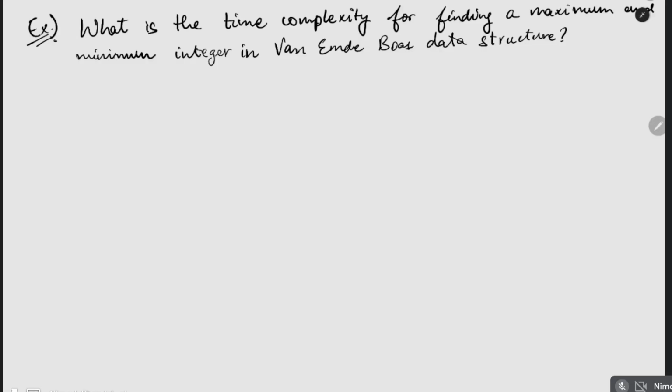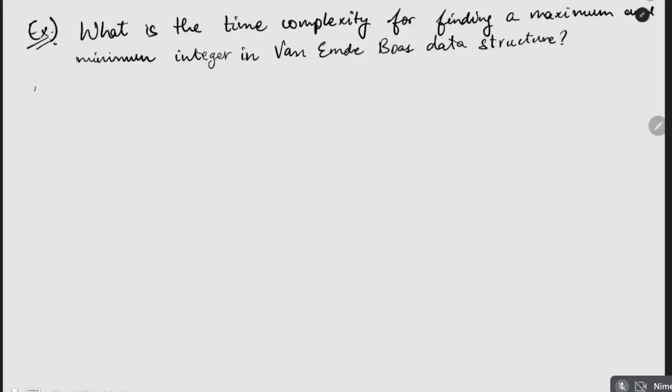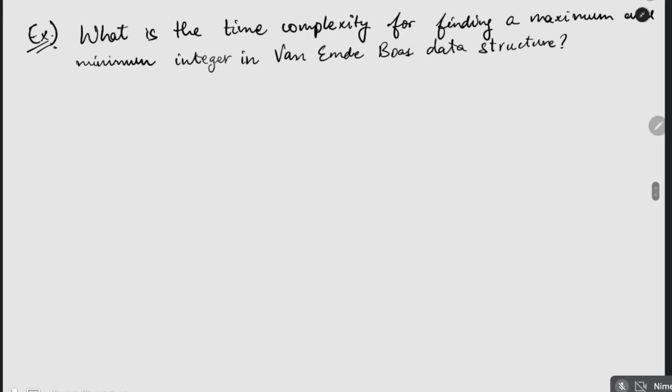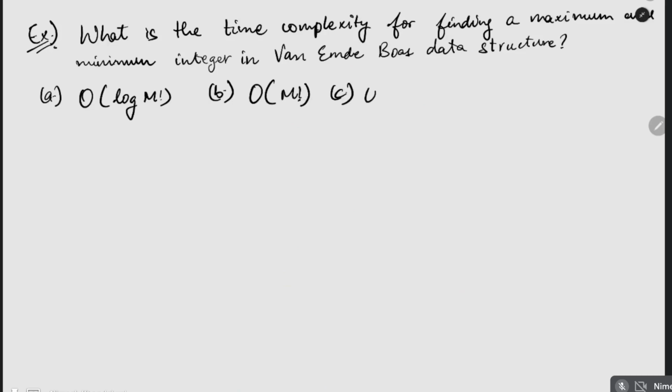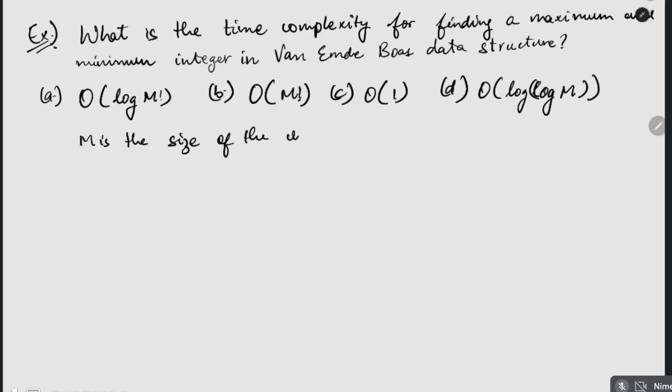So the solution for this, or let's say first of all, the options for this are: A, log of m factorial; B, order of just m factorial; C, constant time lookup; or D, the log of m, where of course m is the size of the universe, right?